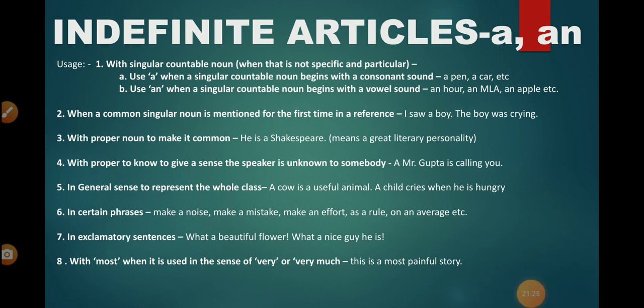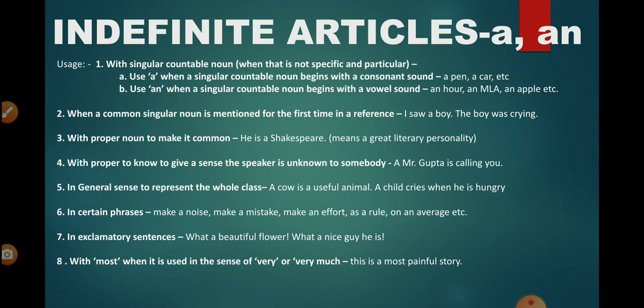Next one is with a proper noun to give a sense that the speaker is unknown to somebody. Here is a typo: it's not know but noun. With a proper noun to give a sense that the speaker is unknown to somebody. For example, a Mr. Gupta is calling you means the speaker of the sentence doesn't know Mr. Gupta before.